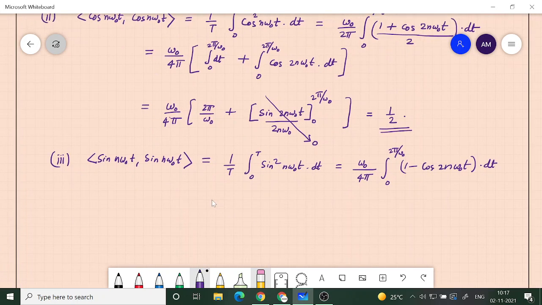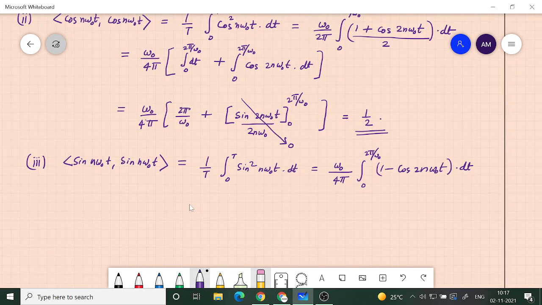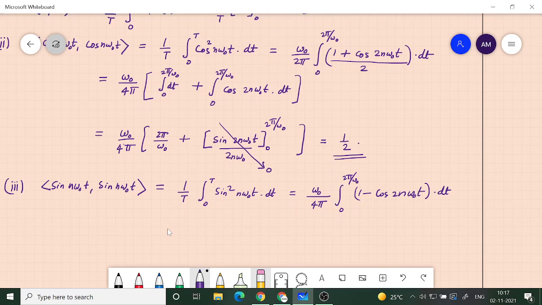And what should be the answer? Can you tell now? Without doing anything, you should be able to tell the answer directly from the previous result. Except for a sign change in the second term, everything is the same. But the second term is 0, so the sign should not affect the result. Yes, sir. It will also be half.